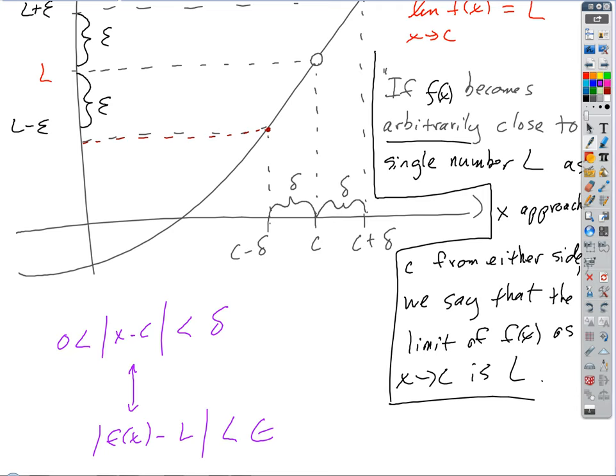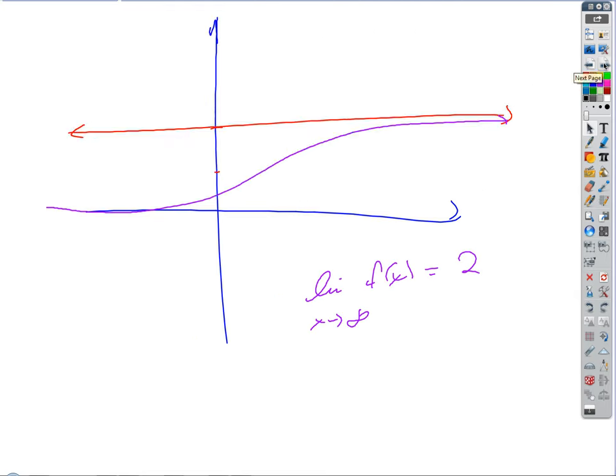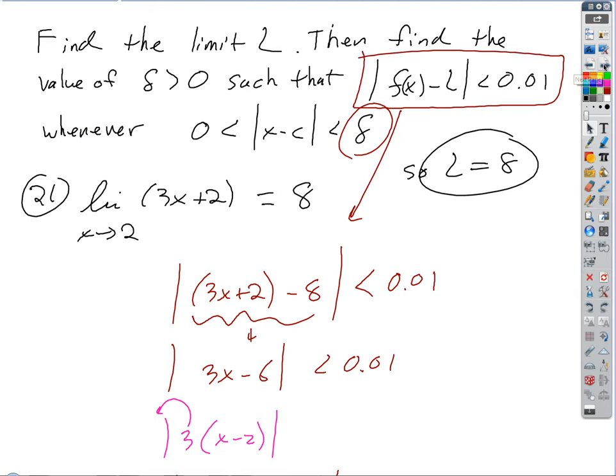So we want to just make that connection, right? We looked at an example in class, and let's just go back and have a quick look at the one that we did in class. Was something like this. Find the limit L, then find the value of delta such that the distance between the value of the function and the actual value of the limit is less than 0.01.